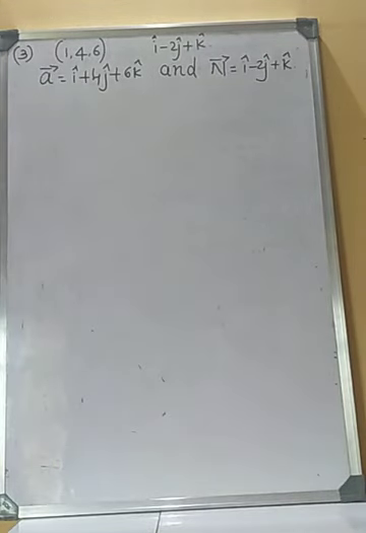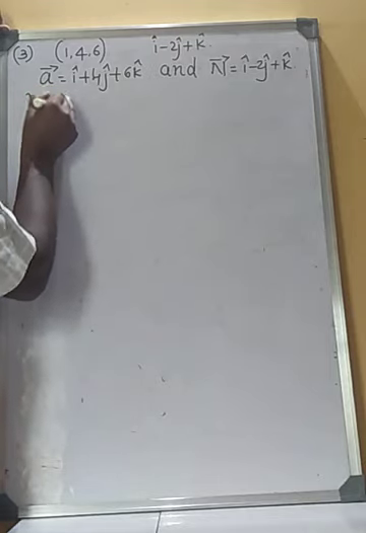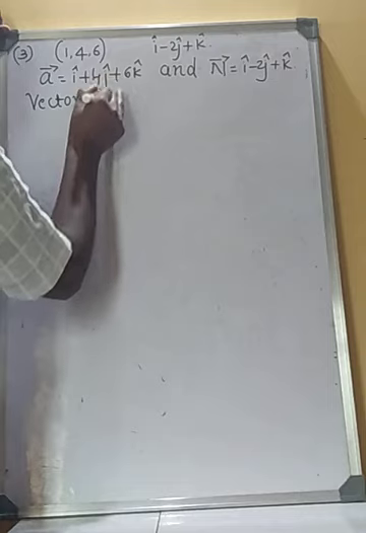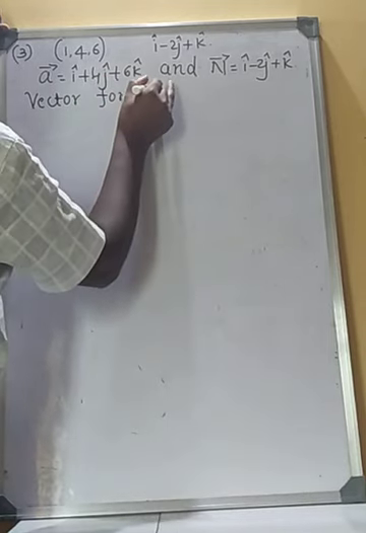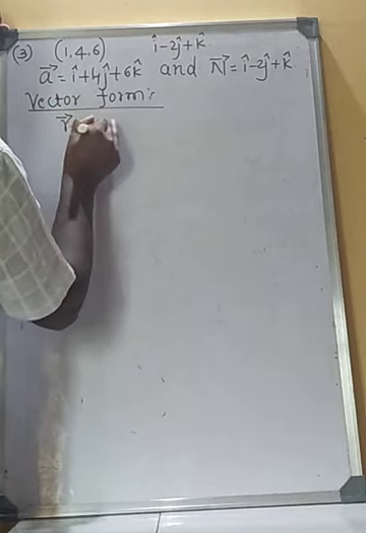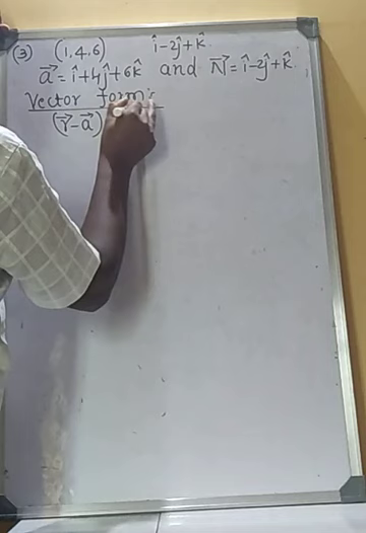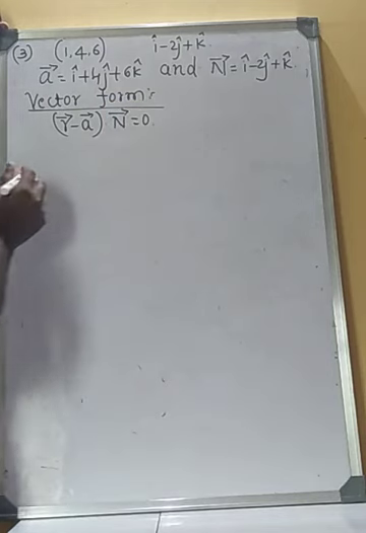Now write the vector form of equation of plane, that is (vector r minus vector a) dot n vector is equal to 0.